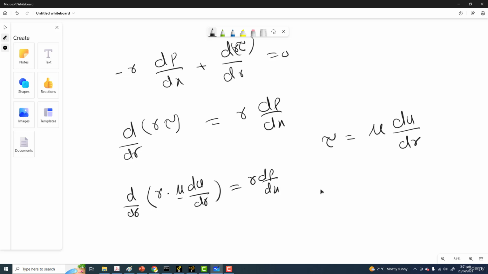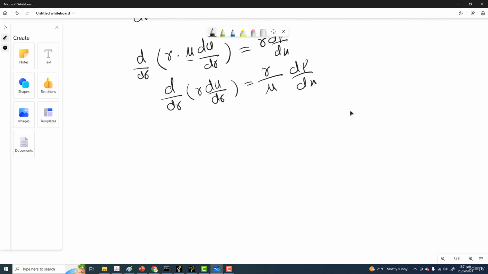And since this mu is constant, I take it out and move it to the right side. So this will be d/dr of (r du/dr) is equal to r upon mu dp/dx. Now we can integrate this equation, so the derivative will be removed.